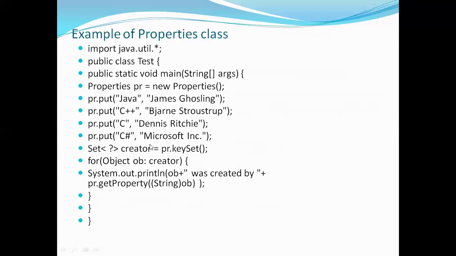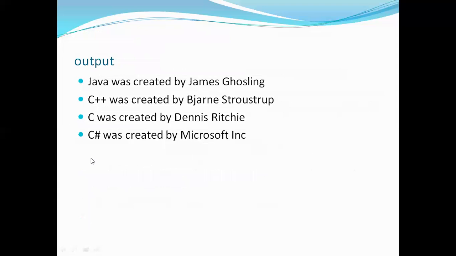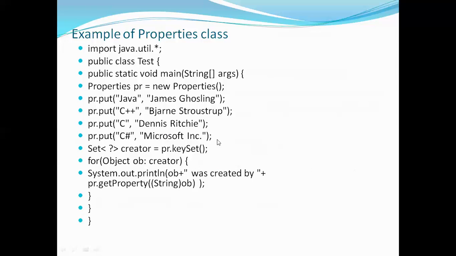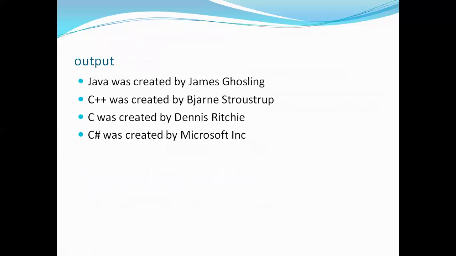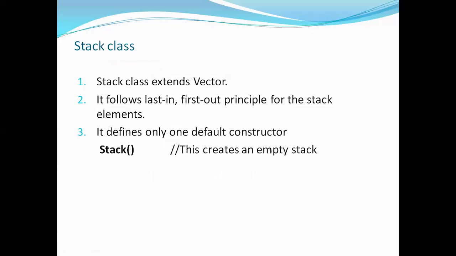So this is the string, whereas this is the object. It will print like this: Java was created by James Gosling. Here Java is our object, plus "was created by", and then it prints the string, that is pr.getProperty. That is how it will print. So this is about the property class. Now let's see the next one, that is the stack class.